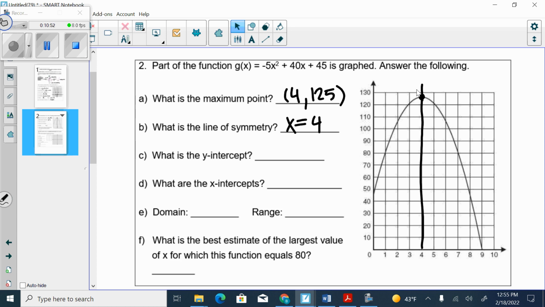Okay, here's my y-axis. Where does it intercept? Right in the middle of 40 and 50. Good. So at (0, 45). I guess y'all's is probably more zoomed in, so it probably looks really close.